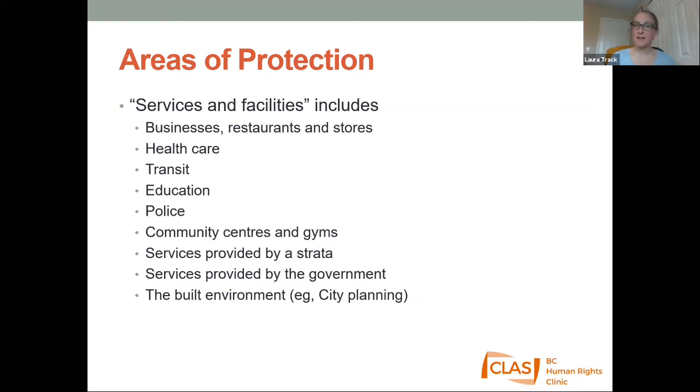So the design of sidewalks and curb cuts and crosswalks and other things need to be accessible and not create discriminatory barriers for people with disabilities.